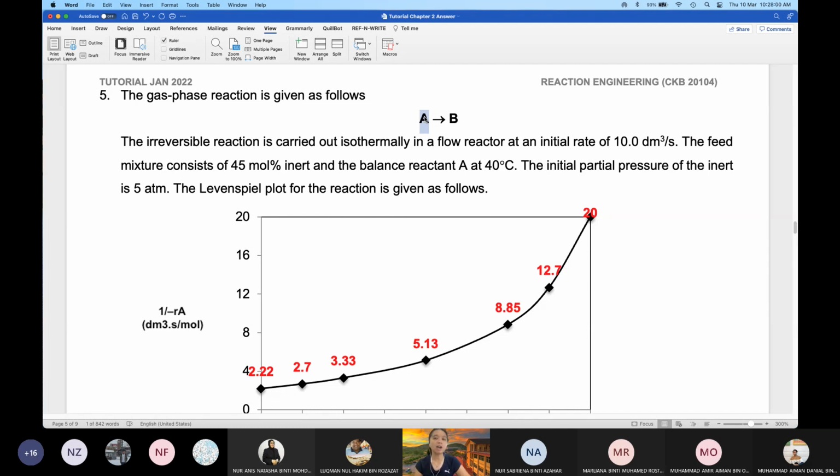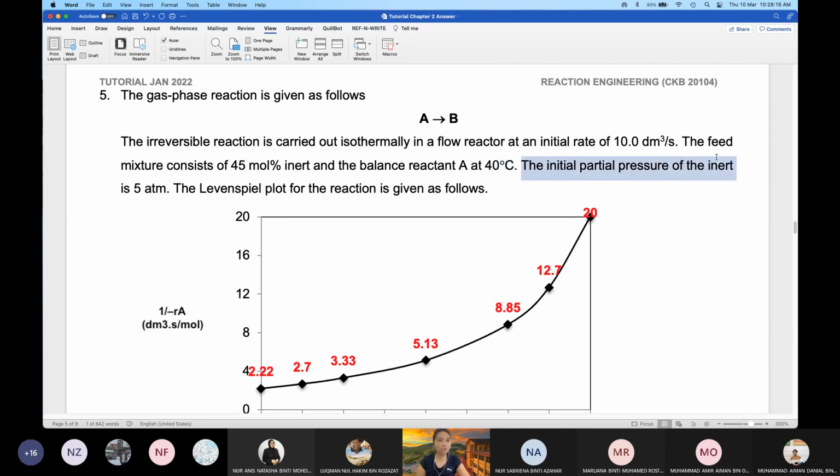Okay, why 0.55? Because 45% is inert, 55% is A.